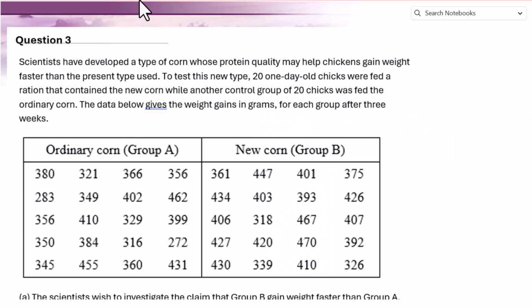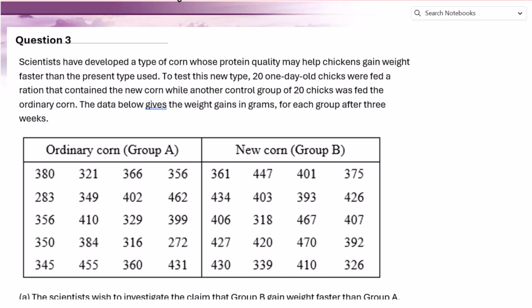Let's go to question 3. Scientists have developed a corn whose quality may help chickens gain weight faster than the present type used.